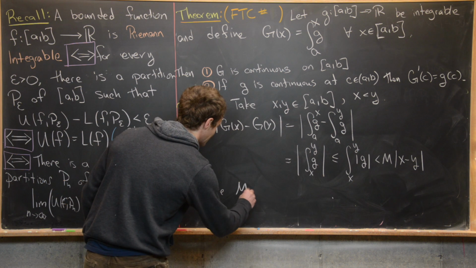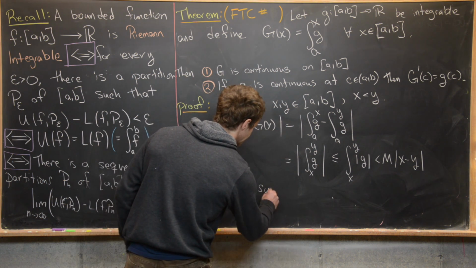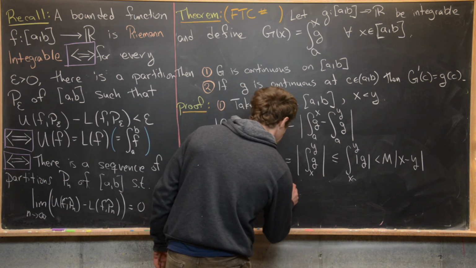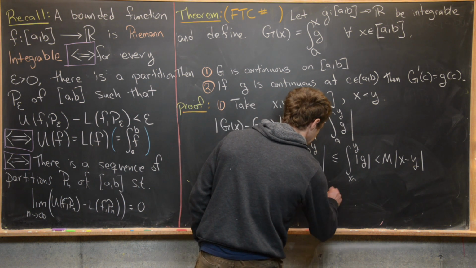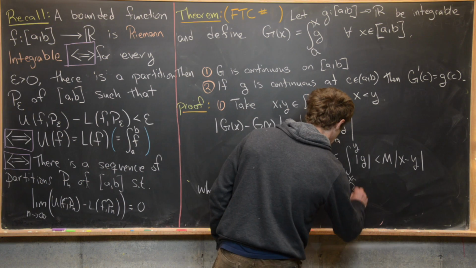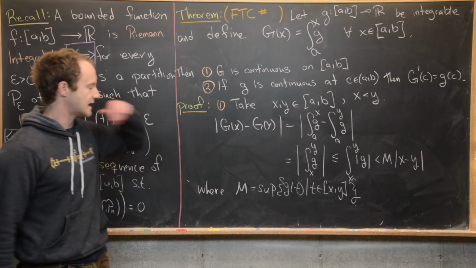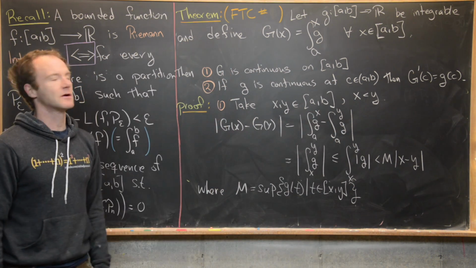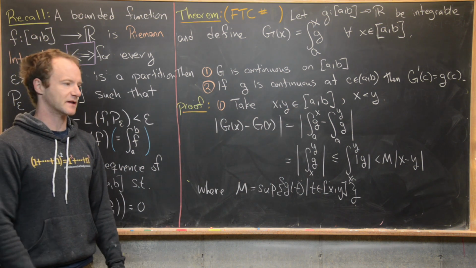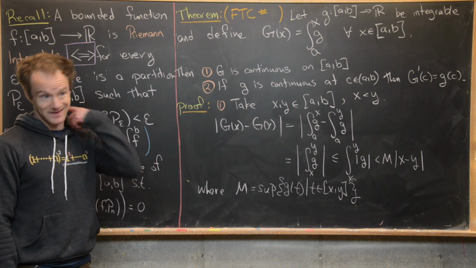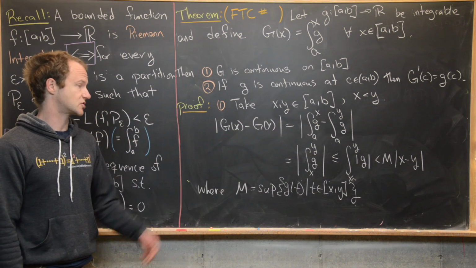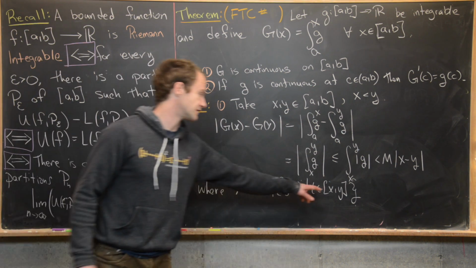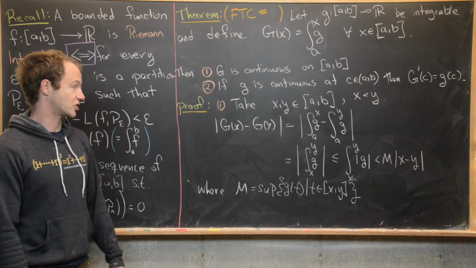where capital M is equal to the supremum of the absolute value of g(t) as t ranges over this interval x to y, like that. Okay, so again, this isn't explicitly written up here, but we're only really talking about integrability of bounded functions in this setting. So we can always find a supremum of this function g. It's going to be bounded on this interval x to y for sure.